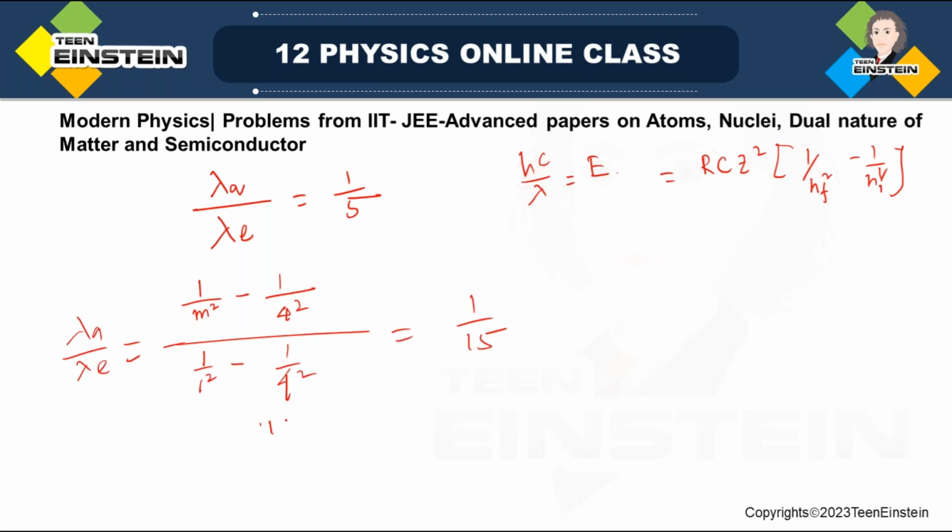Now look, this is 15, 1 over m square, 1 over 16. Okay, so this will be 1 minus 1 over 16 again. So this is 15 by 16 here.